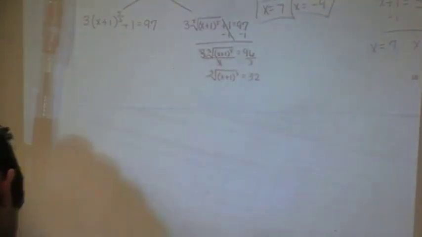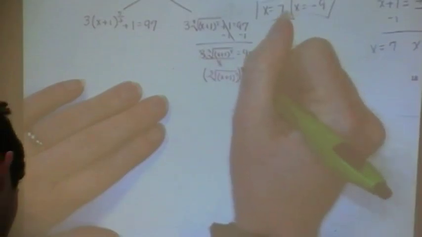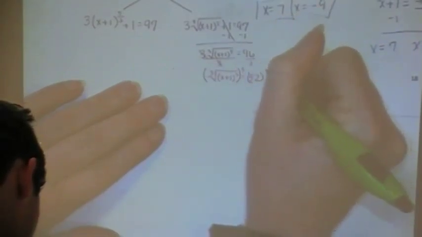Radical isolated. So now the next step says cube both sides. This is going to be a huge number, by the way.